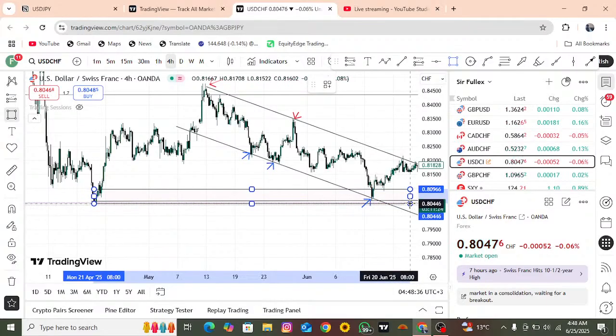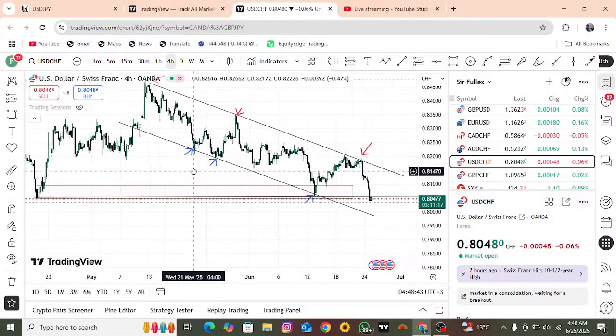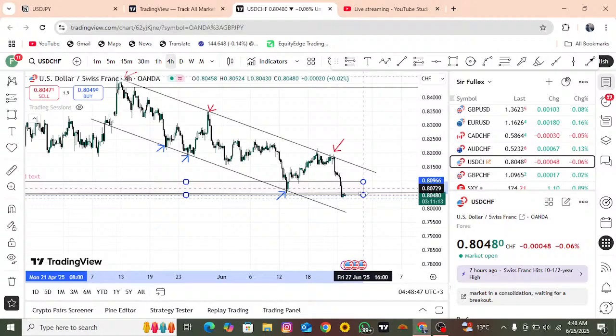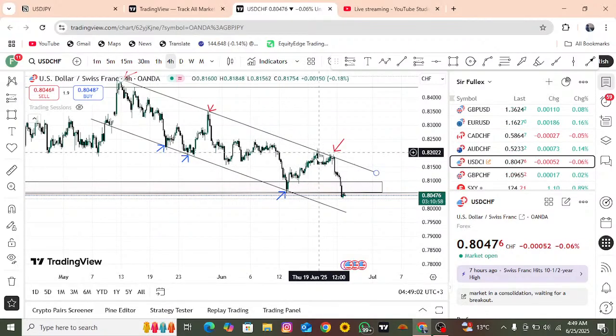When it is marked as the order block as such, you can see price came, reacted from it, pushed up above, something like a double top here.